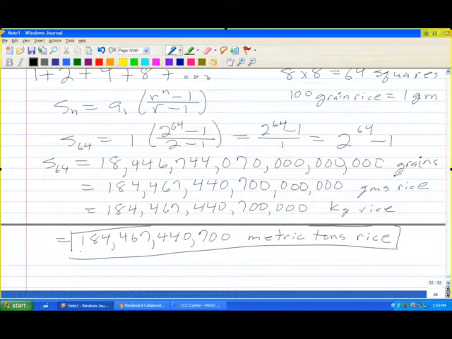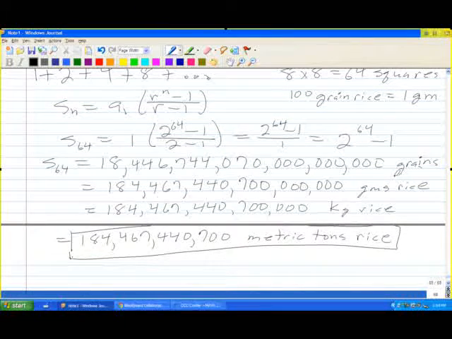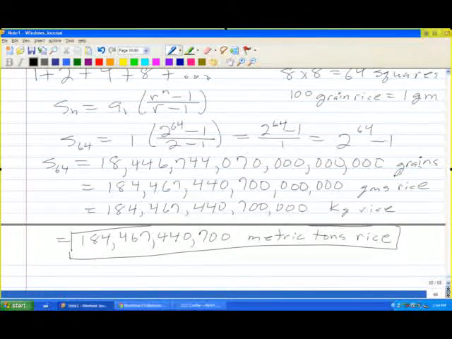And so, 1,000, million, billion. 184 billion, 467,440,700 metric tons of rice. So that's a lot of rice. Okay. And so that's more rice than is produced currently in the world. So that's just a lot of rice.